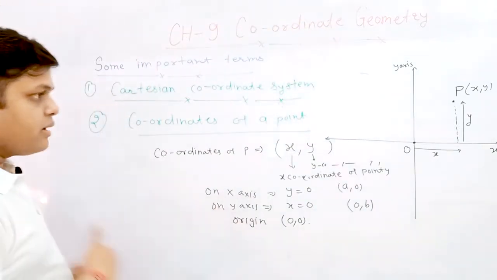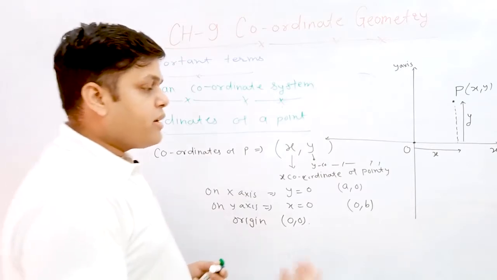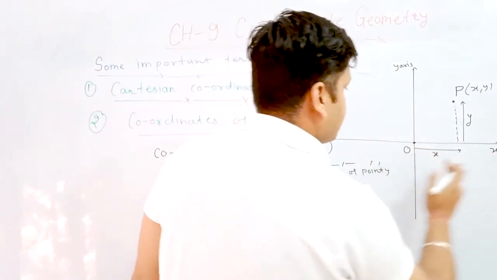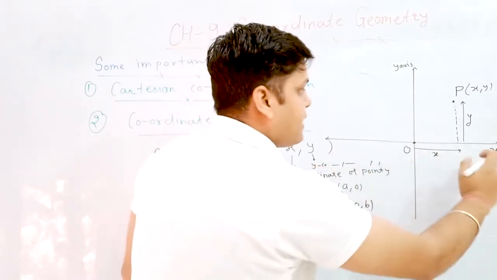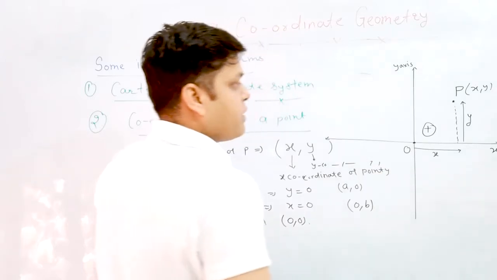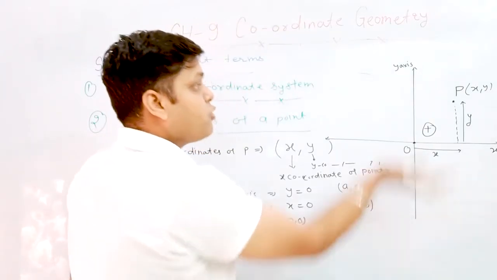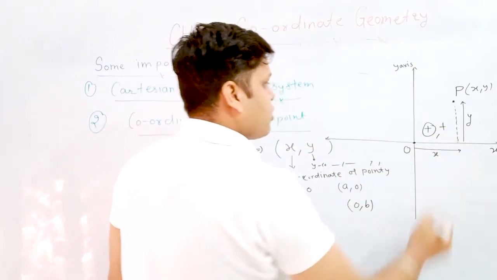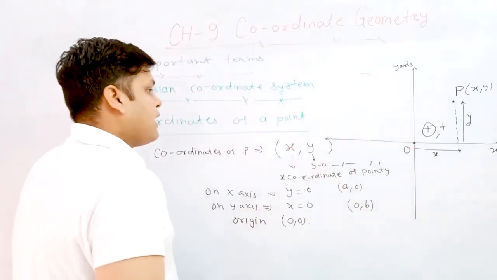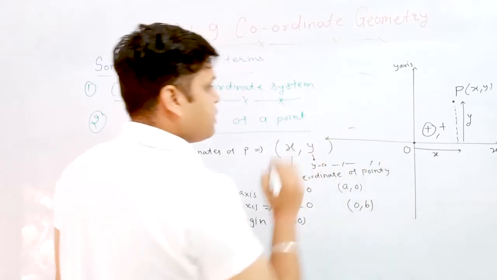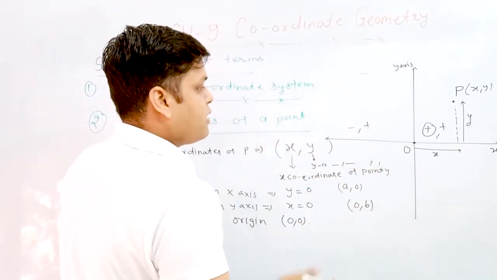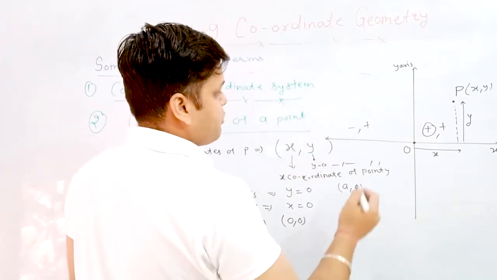And the second point: if we move towards the x-axis from the origin in the right hand direction, the x coordinate will be considered positive, and if we move upwards, then the y coordinate is also positive. If we move left hand side from the origin, x will be negative. Again, if we move towards y in the positive direction, then it will be positive.